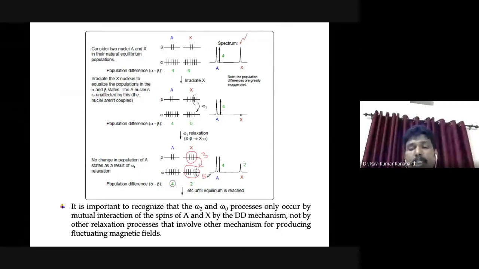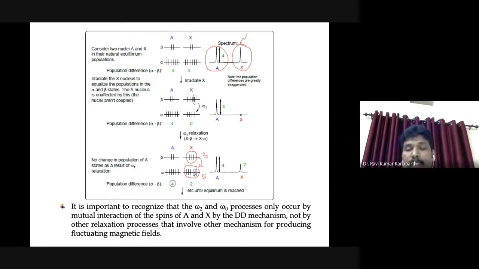So in this case, what exactly is happening is that we don't see any kind of net signal, either enhancement or decrease. I repeat the process. Initially the signal intensity is this much, and the X signal is this much. Because of this single quantum relaxation process, the X nucleus spin is getting changed from beta to alpha.